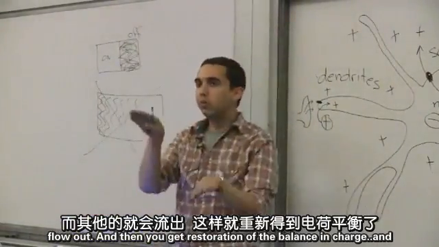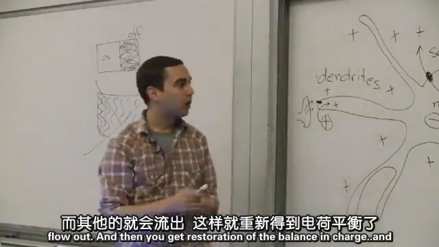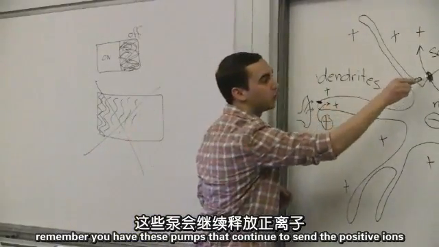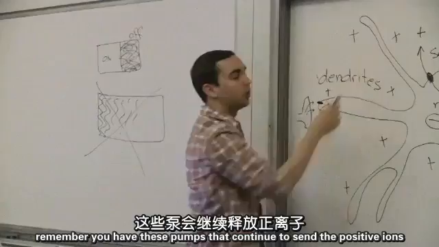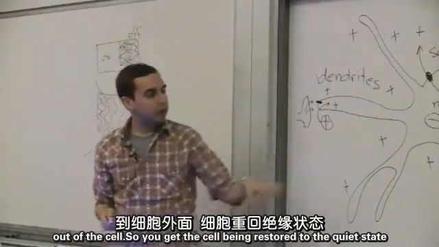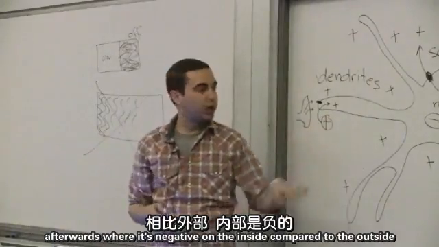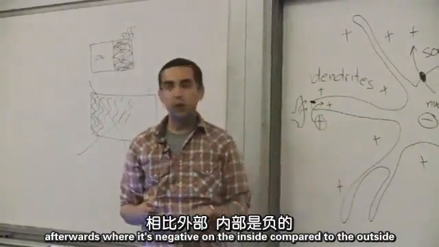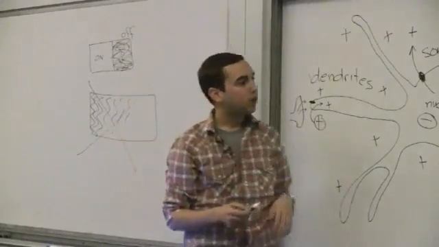And then you get restoration of the balance in charge, and remember you have these pumps that continue to send the positive ions out of the cell. So you get the cell being restored to the quiet state afterwards, where it's negative on the inside compared to the outside.